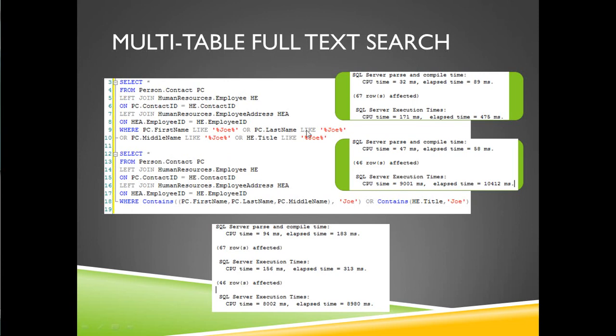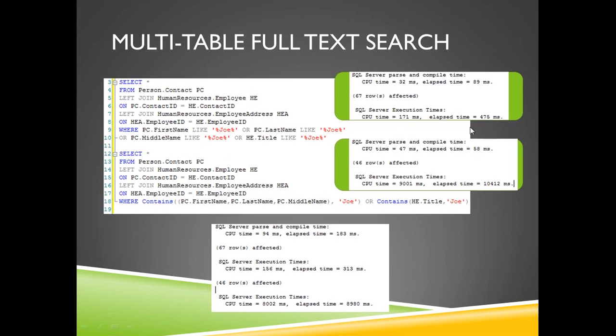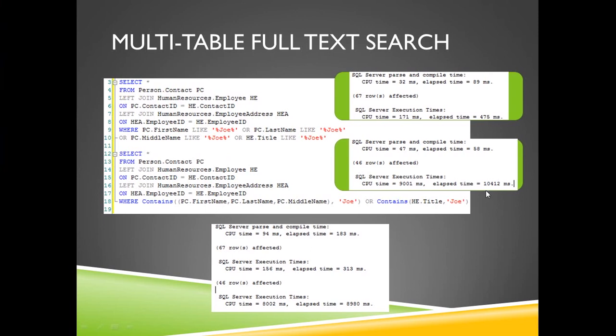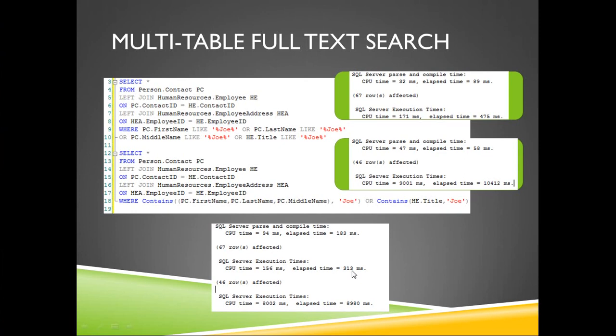So when I performed it on multiple tables with the like operator, it was about half a second. However, when I did it with the two tables using the contains operator, it took almost 10 seconds. So as you can see, it was a slowdown while it should have been a speed up.